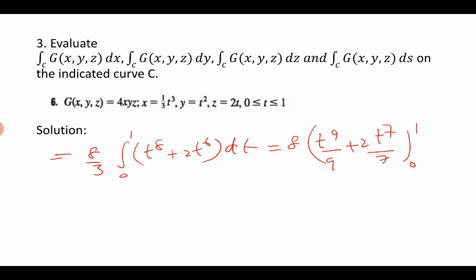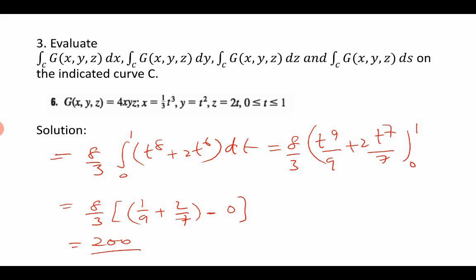The constant outside is 8 over 3. So 8 over 3 times (1 over 9 plus 2 over 7) at the upper limit, minus the t equals 0 value, which gives 0 for all. So simplify this one, you get 200 over 189. That's the end of this problem.